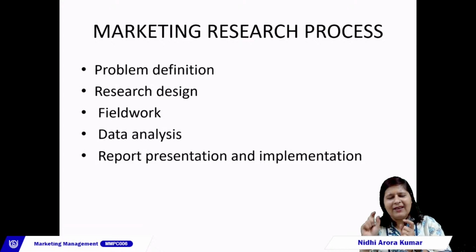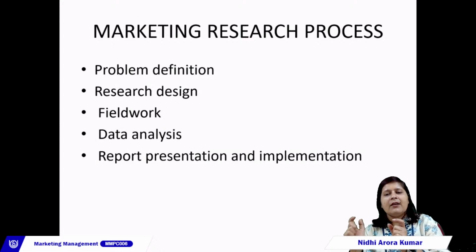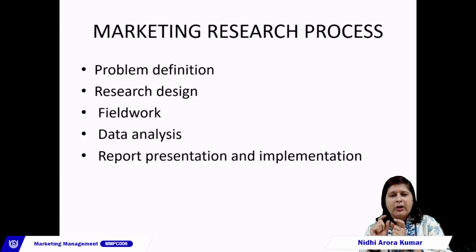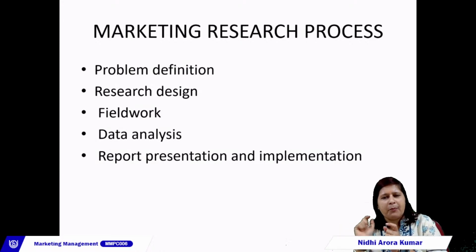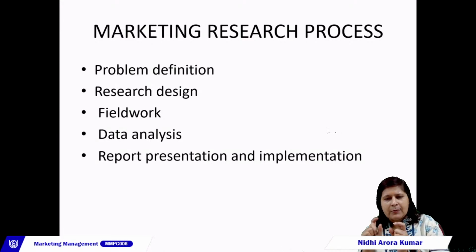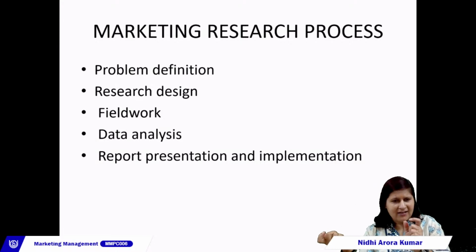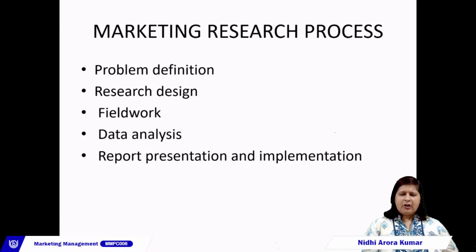Problem definition is defining your objectives, what you want to find out, what is the actual problem for which you are seeking the answer, right? That is the problem definition. You should be able to define your problem properly, right?